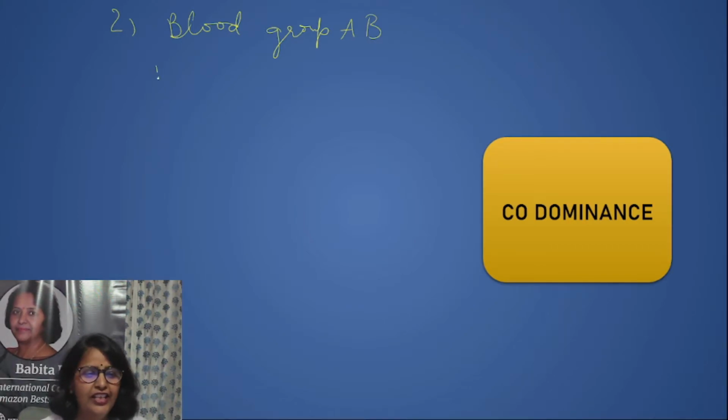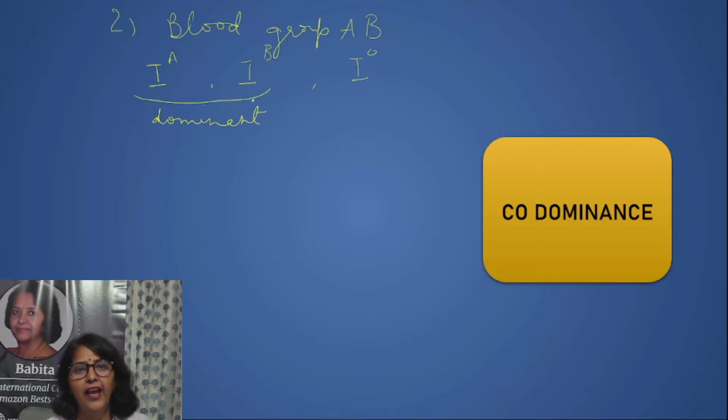So what are the three alleles in this case? It is IA, IB and IO. These two are considered to be dominant. That is, IA and IB are dominant, whereas IO is recessive. So what will happen?